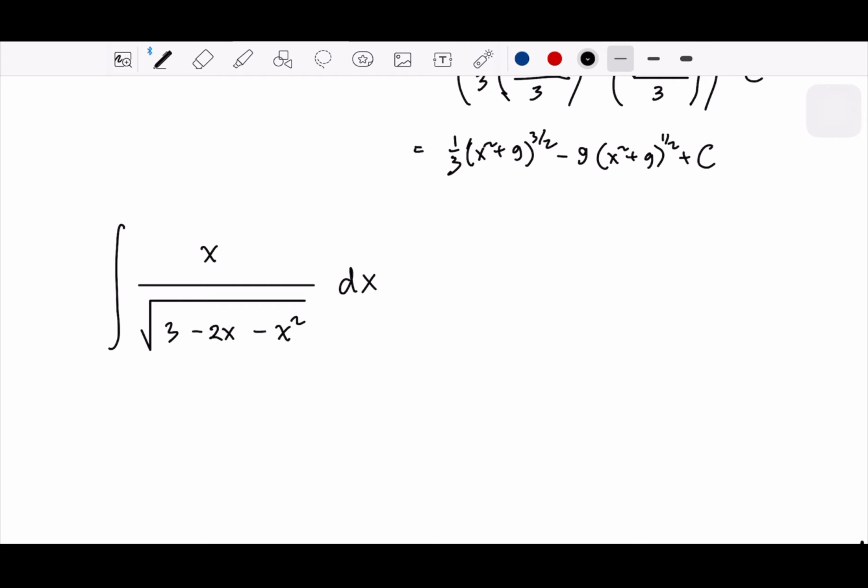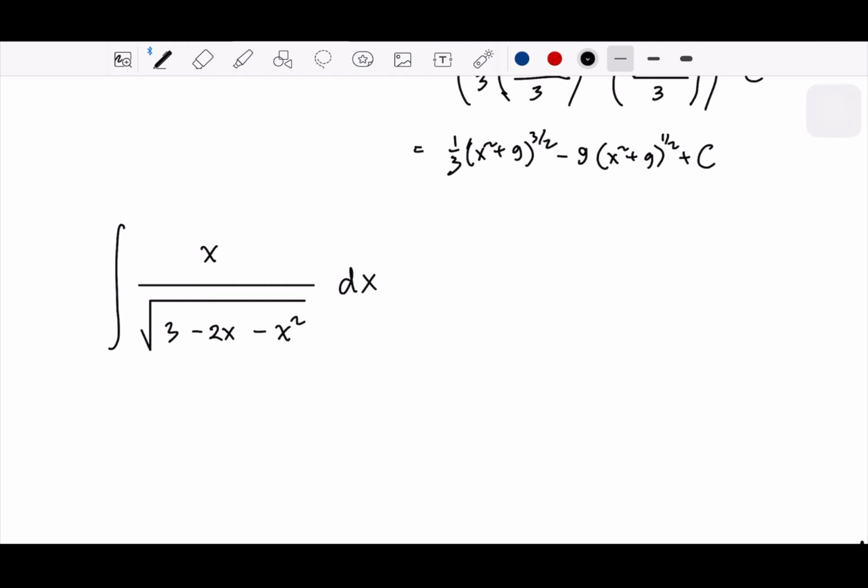I'm not sure whether we can solve it with any other methods. Yeah, I think the only way is to substitute with trigonometry.